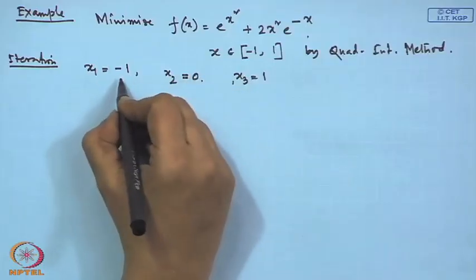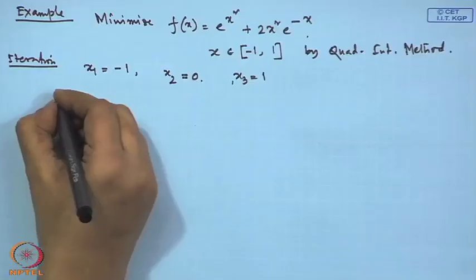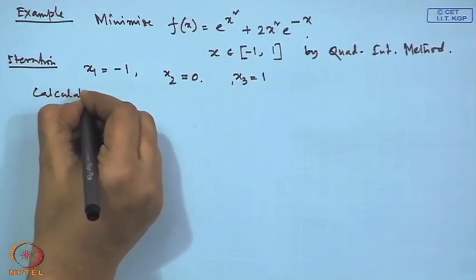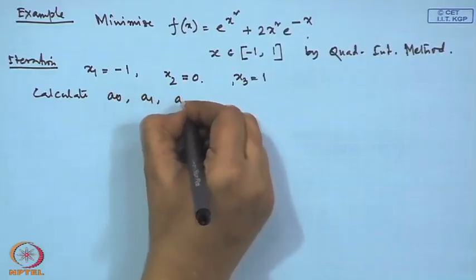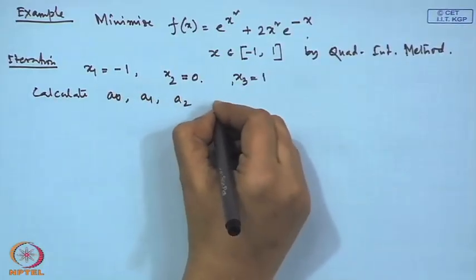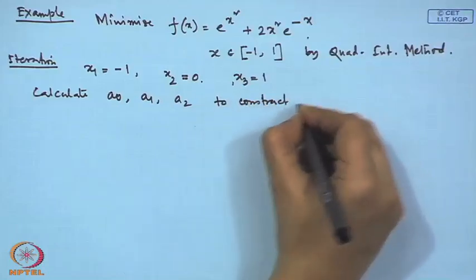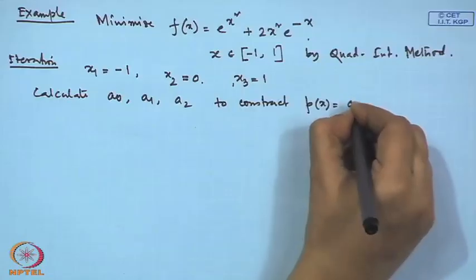That is why we have x1 equal to minus 1, x2 equal to 0 and x3 equal to 1. Then we can calculate the values for A0, A1 and A2 to construct p(x).